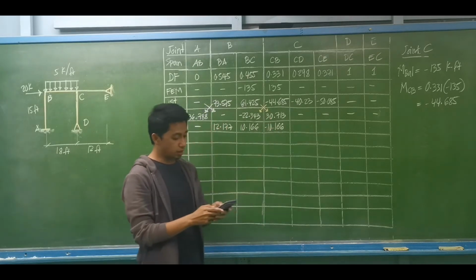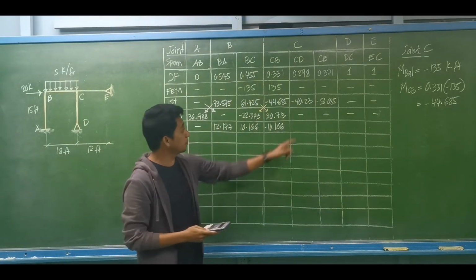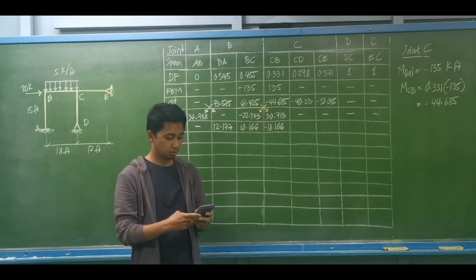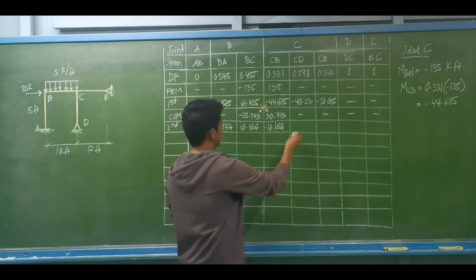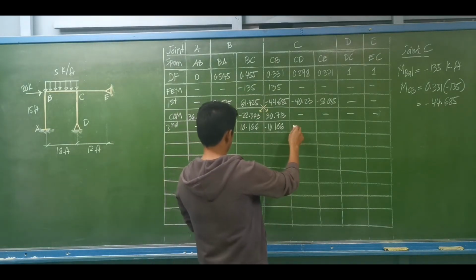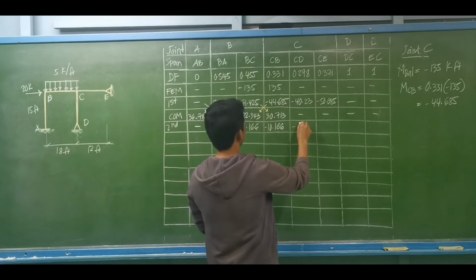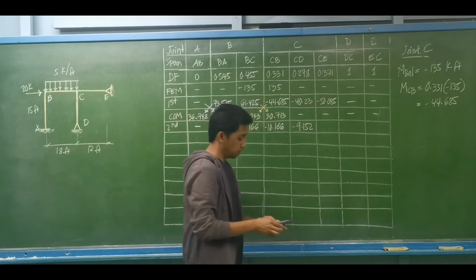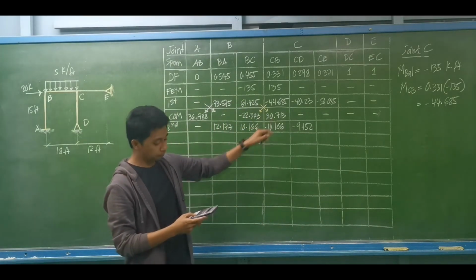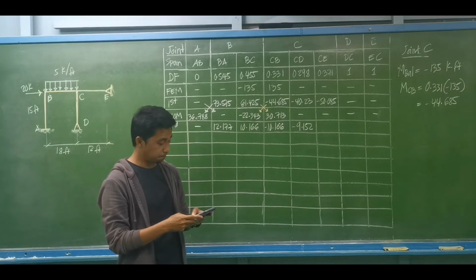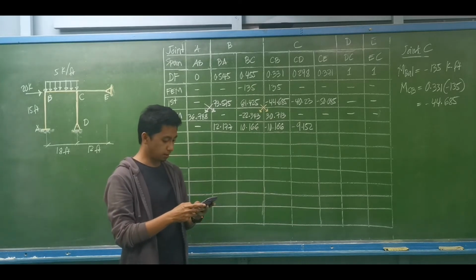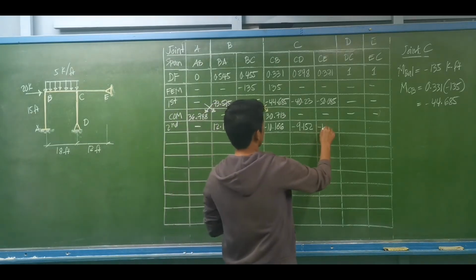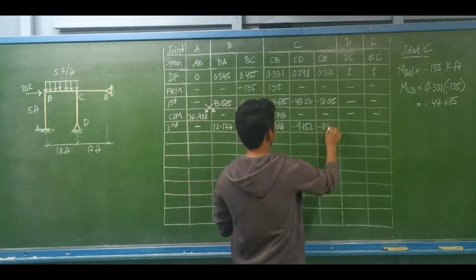Okay, negative 30.713 to be multiplied by 0.298. That will be equal to negative 9.152. Then for the last span, we have negative 30.713 multiplied by 0.371. This is equal to negative 11.395.